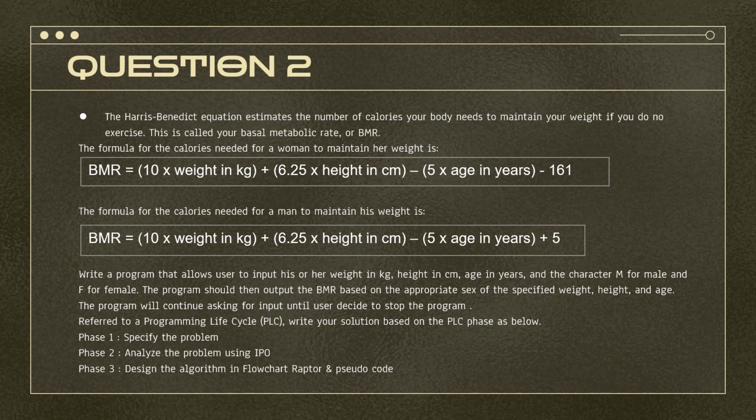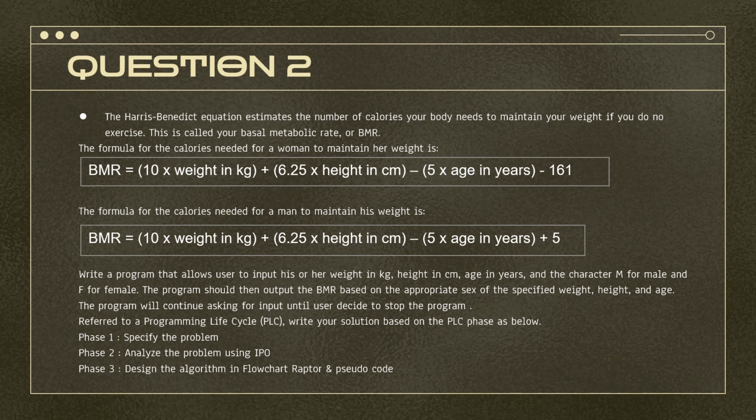The formula for the calories needed for a woman to maintain her weight is BMR equals 10 multiplied by weight in kg plus 6.25 multiplied by height in cm minus 5 multiplied by age in years minus 161.